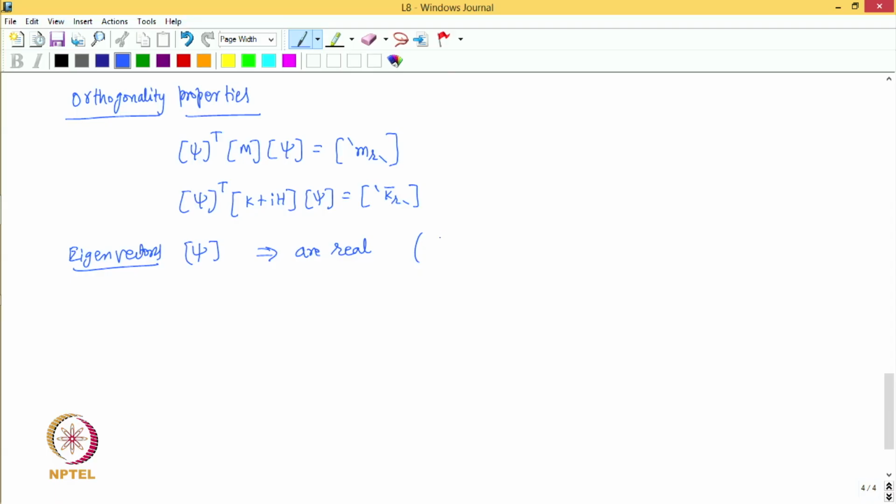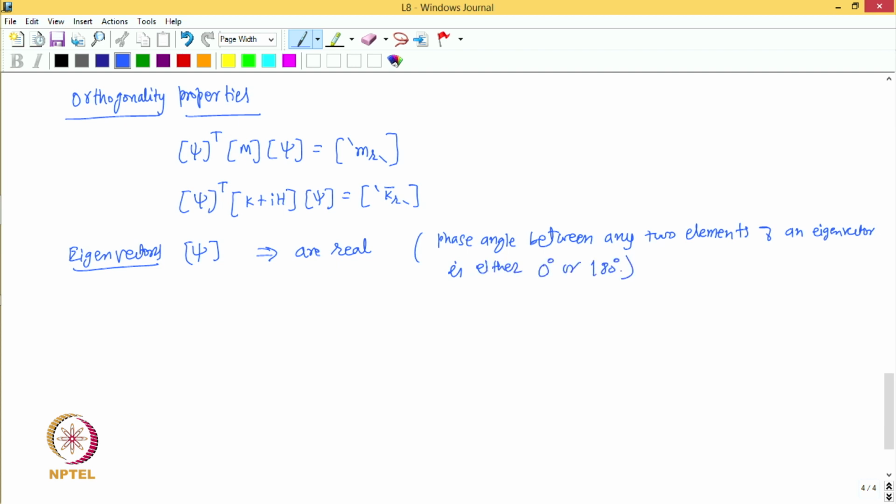So, the phase angle between any two elements of an eigenvector is either 0 degree or 180 degree.